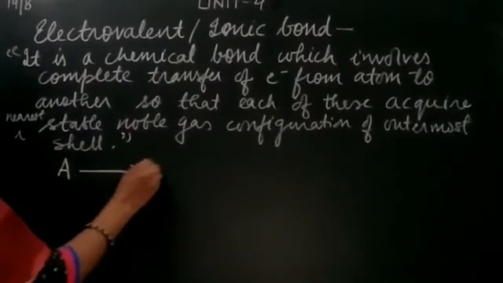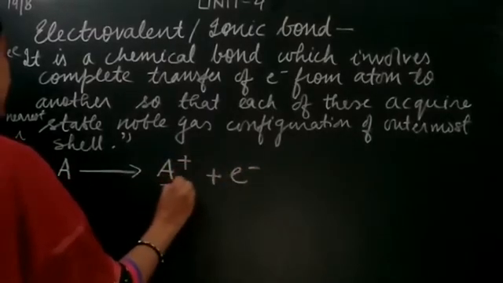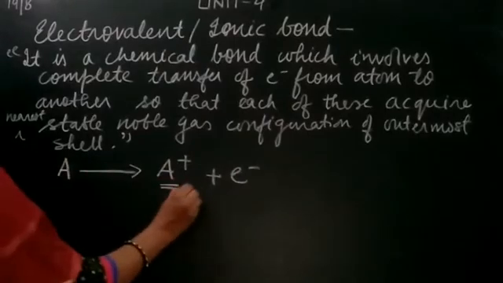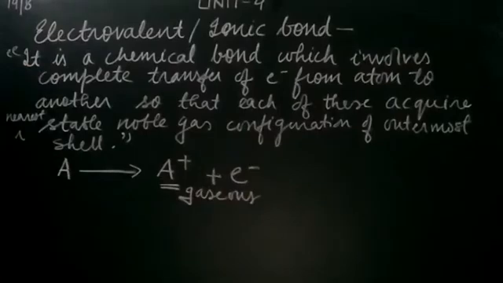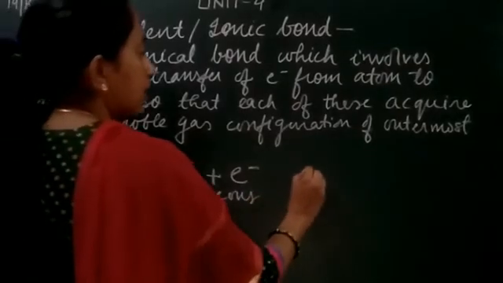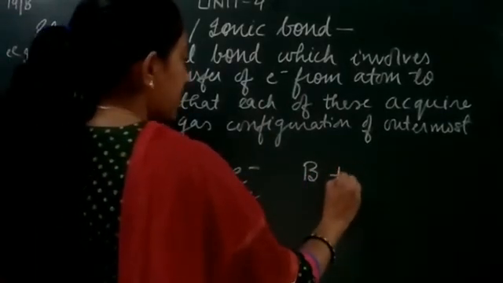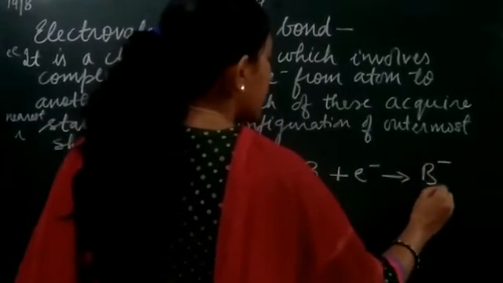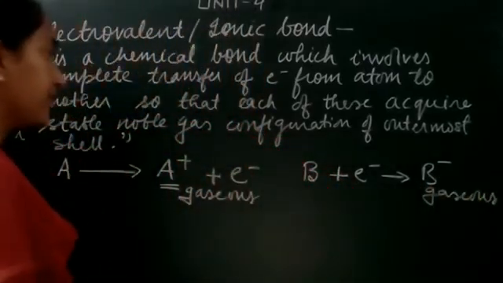Now let's take an example that we have an element A. It will lose the electron and a cation is formed. This will be the gaseous cation. Similarly, there is another element B which will accept this electron and will change into B negative, and that is also a gaseous anion.